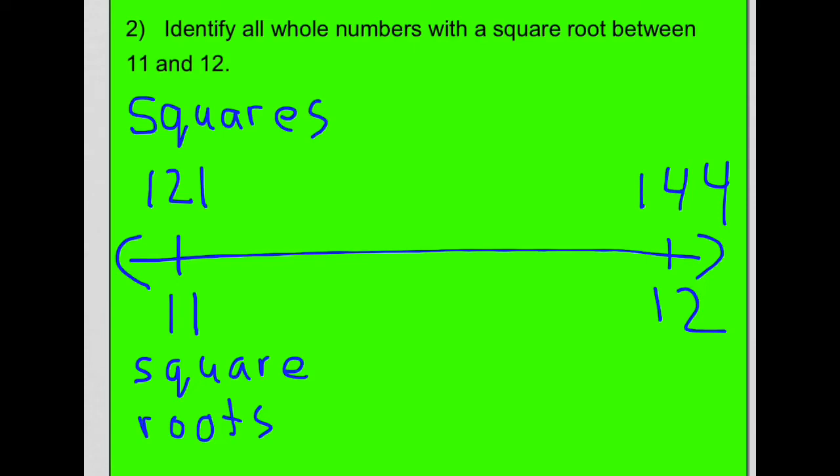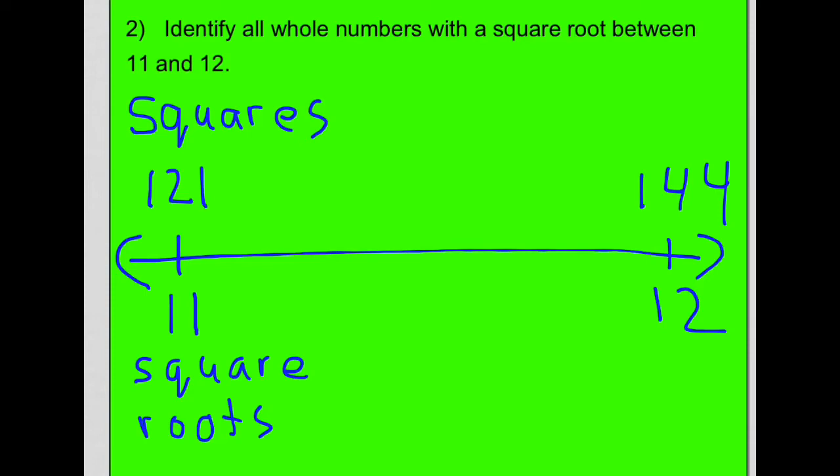And you can test it, right? Like if you were to test, let's say, the square root of 122, you would get a square root of 11.04536, which falls between 11 and 12.